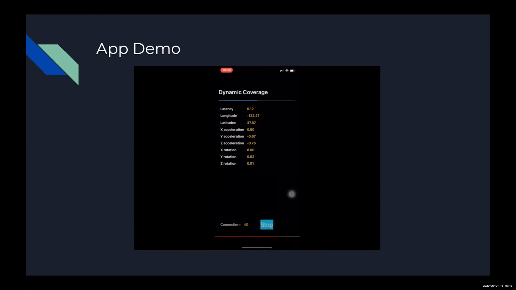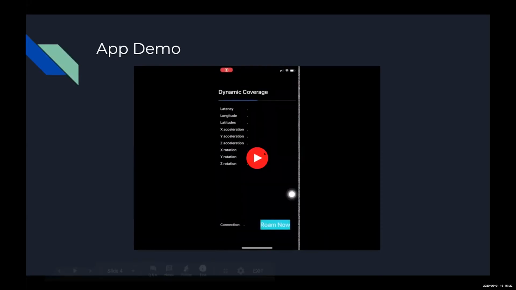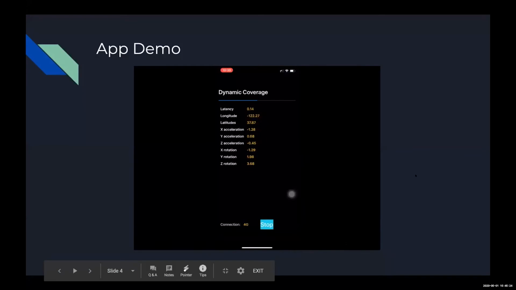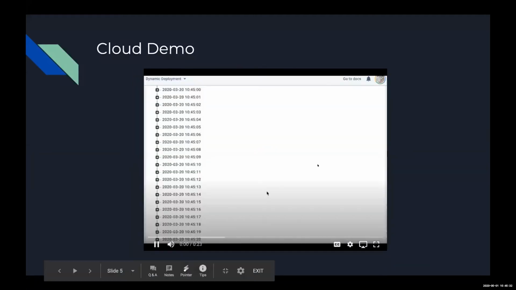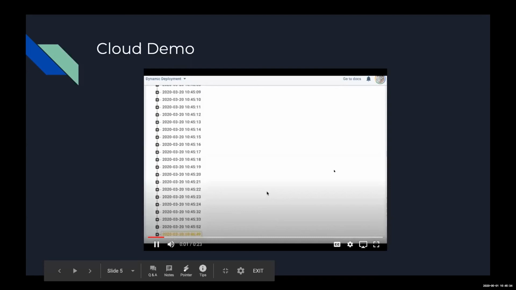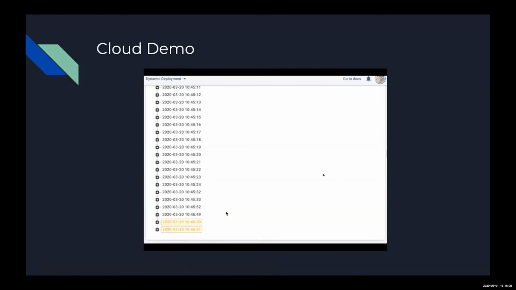So in this demo, we store the app on the user's device, and the app will keep track of the location, the motion data, and the connection type, and send the data to our database. This is a real-time Firebase database.